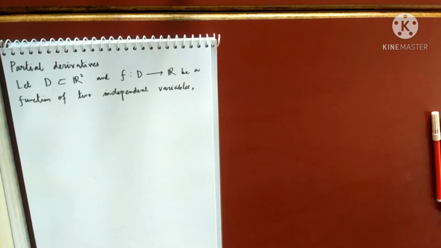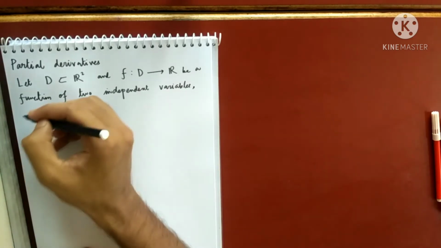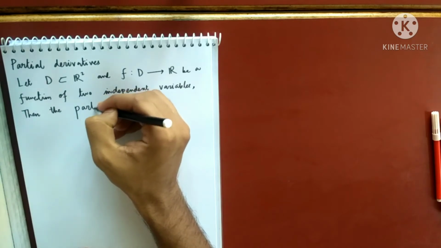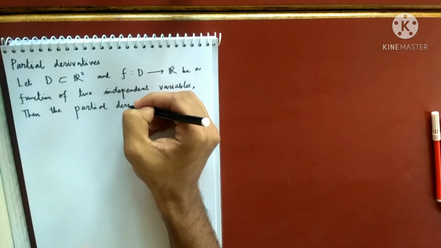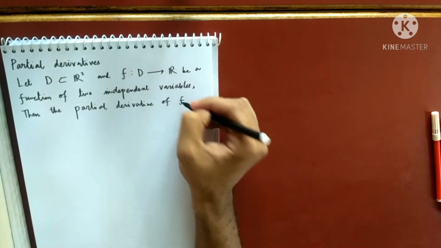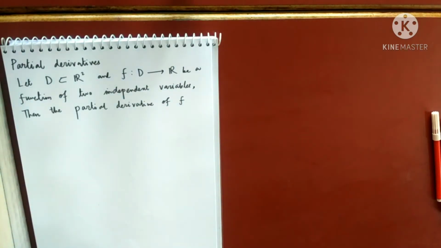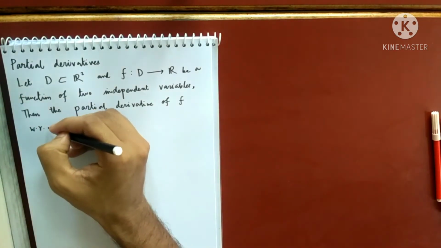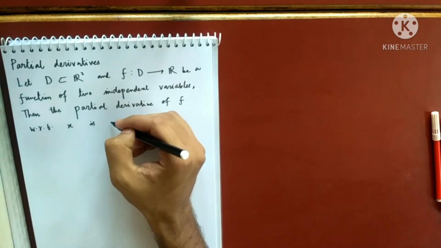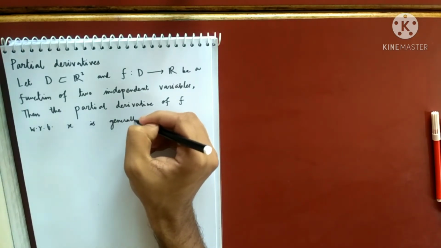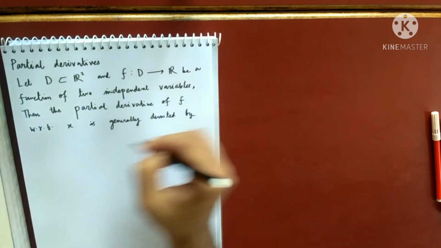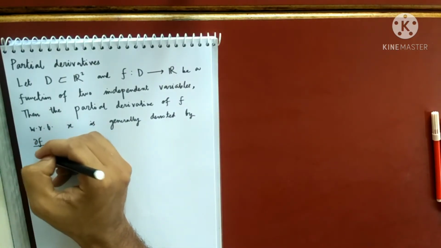Then the partial derivative of f with respect to x is generally denoted by del f del x.